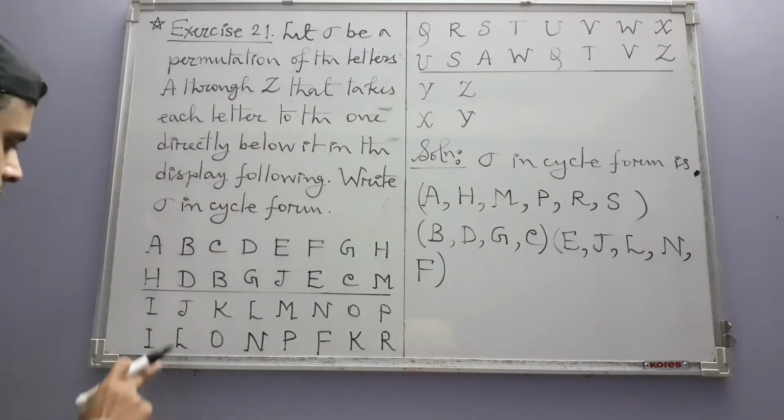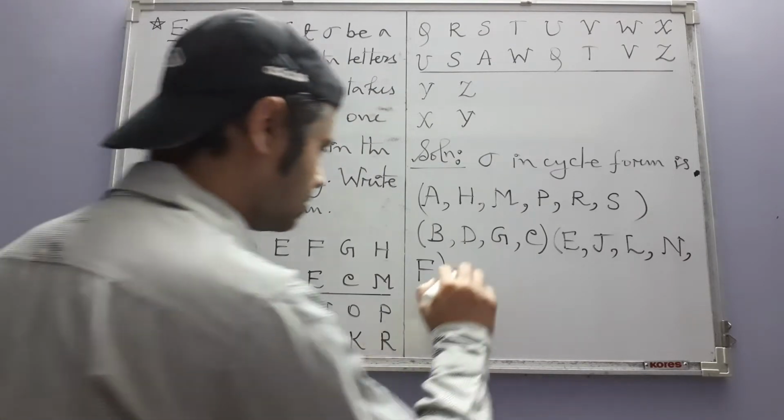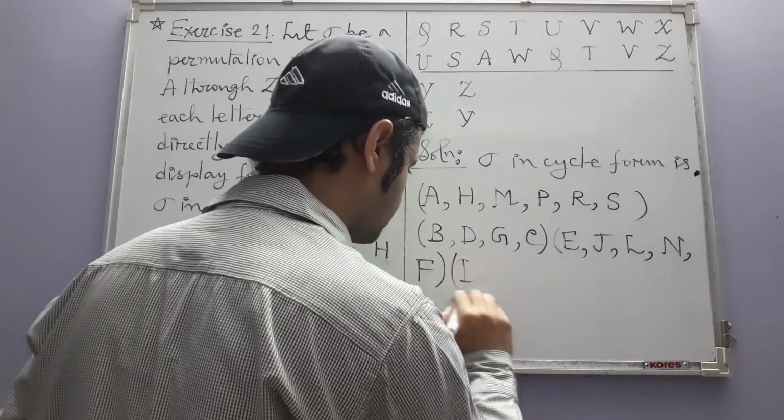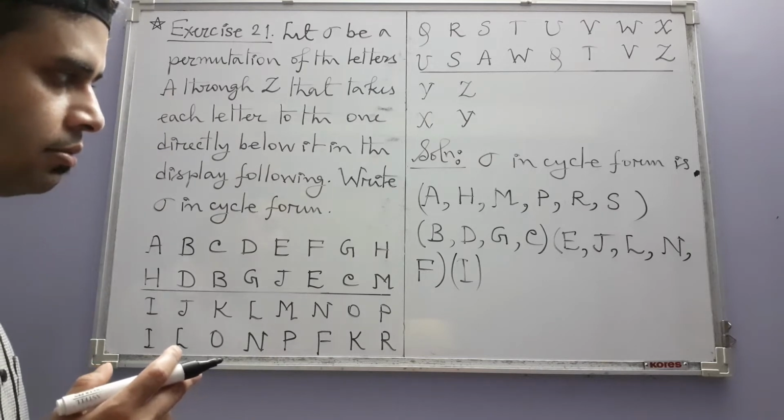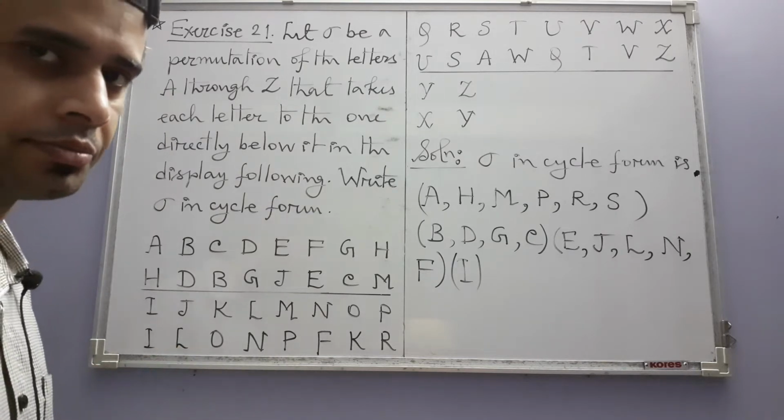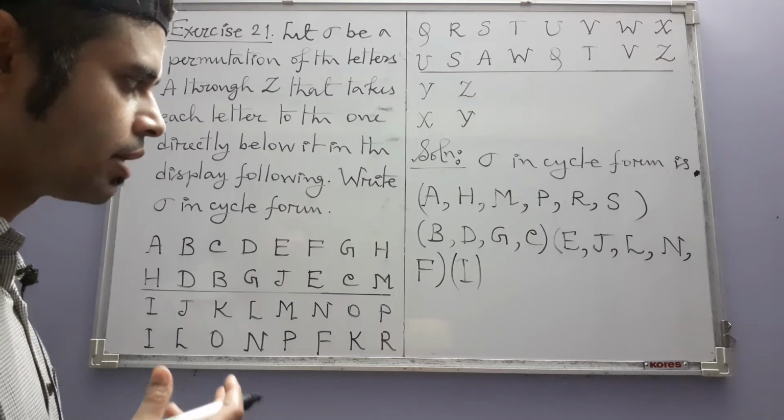Next, I is unchanged. I is not affected by sigma, so we write I. If you want, you can not write I also, because usually we do not write 1-cycles.